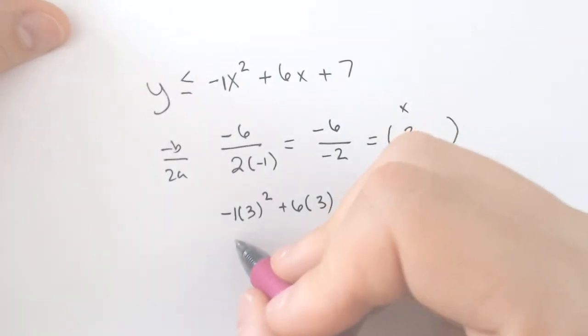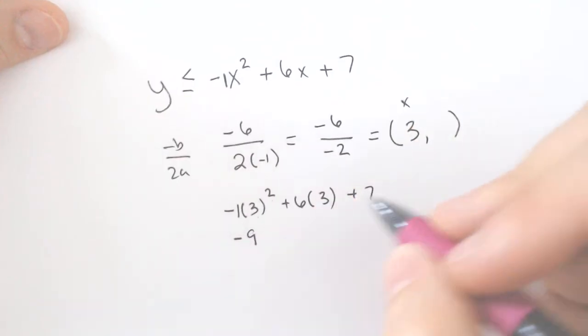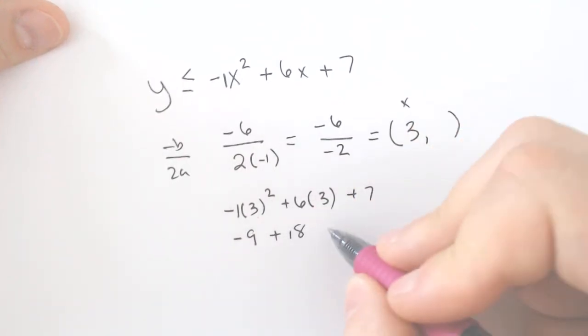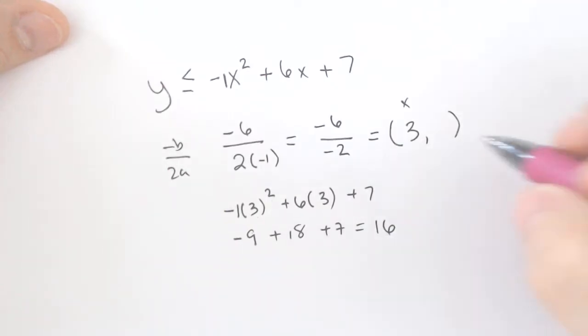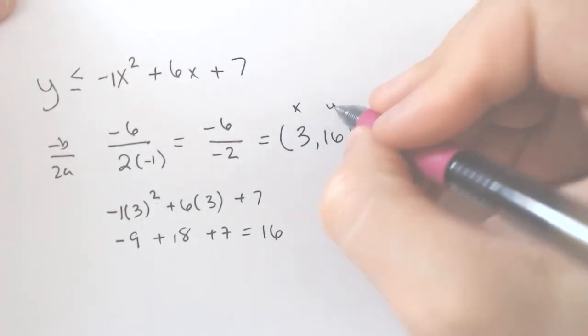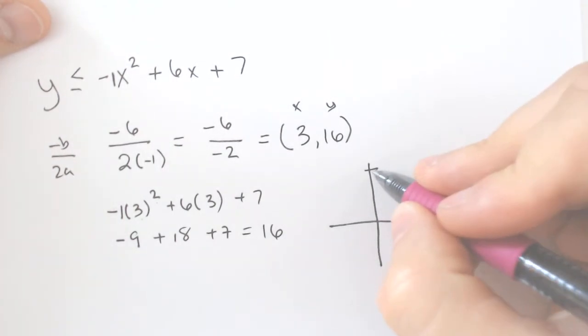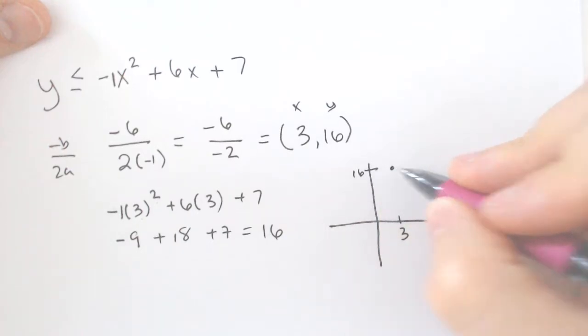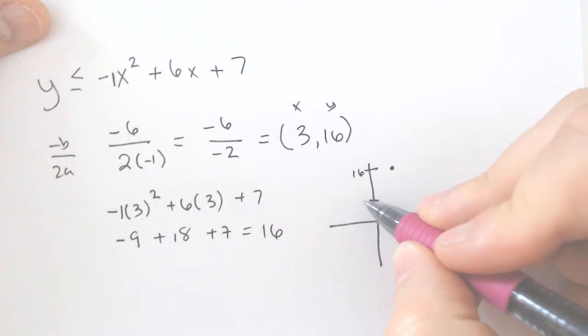And then you would end up with negative 9, because that's 9 times negative 1, plus 18 plus 7, and that is going to equal 16 when it's all said and done. So we have our vertex, x comma y, 3, 16, dot.